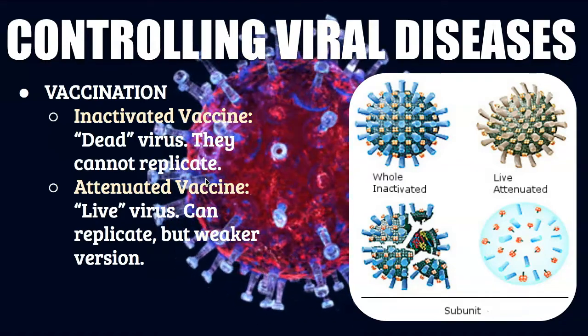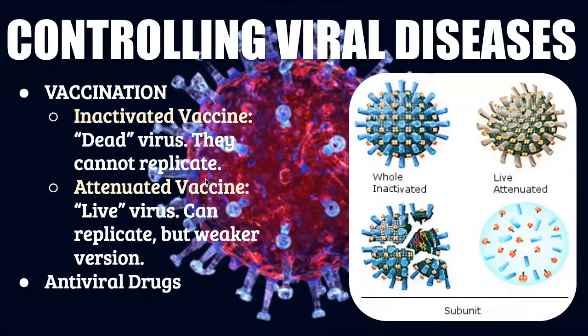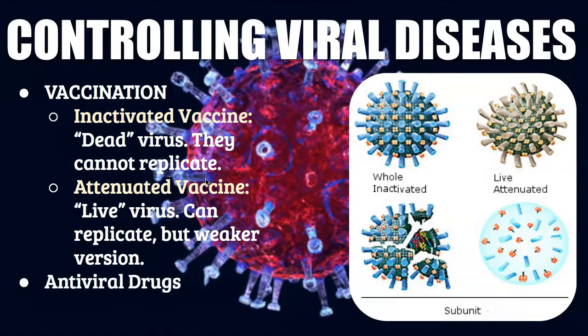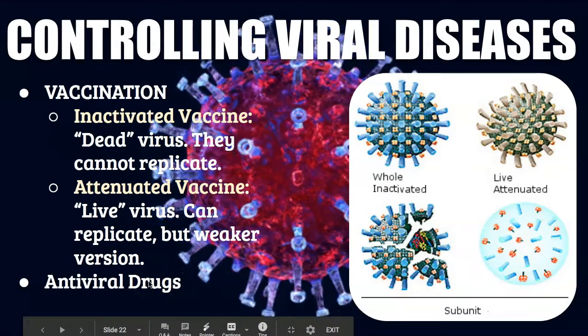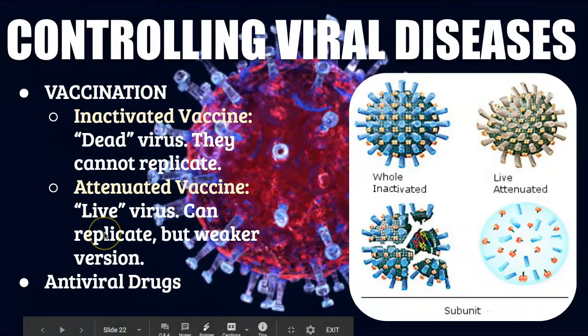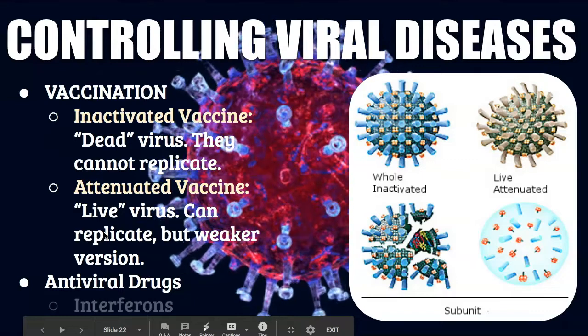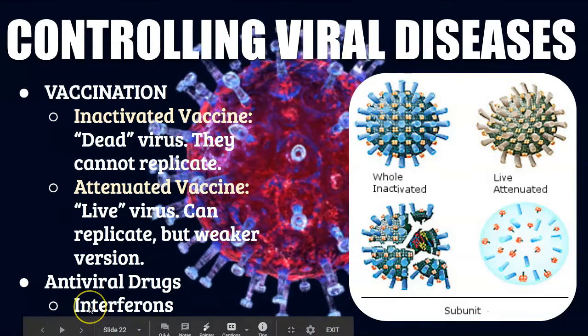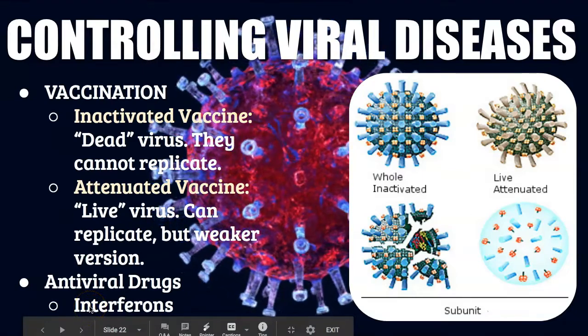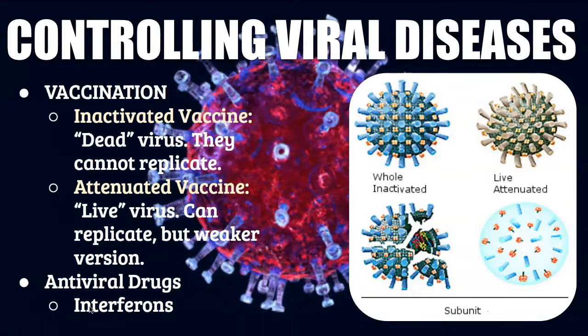And then the last thing that we use sometimes are antiviral drugs. The drugs just help when you already have the virus. Vaccines are for before. Antiviral drugs are for when you have the virus. So things like interferons. What these interferons are is kind of complicated.